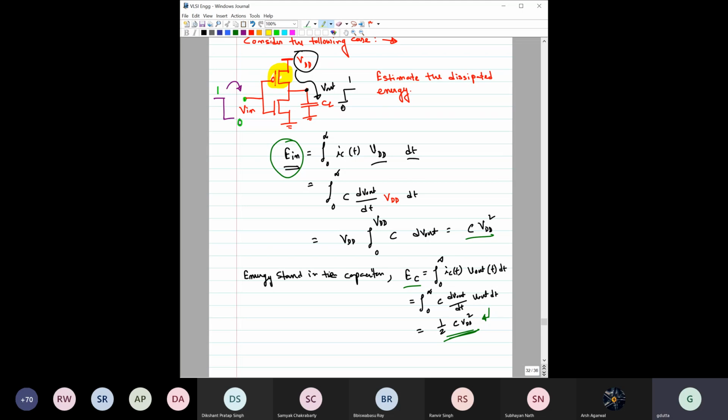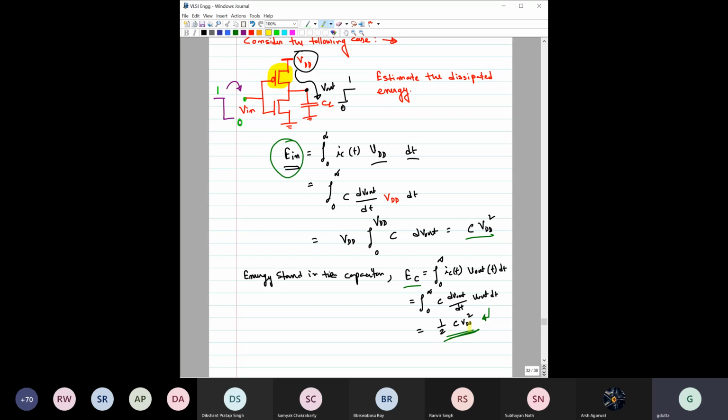So is this part clear to you? During charging, half C VDD square, this amount of energy, has been lost, like I said, as heat dissipation across this PMOS, right? Now this is one charging cycle. Now when it discharges, what will happen?